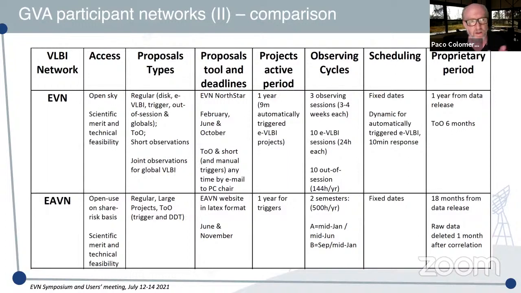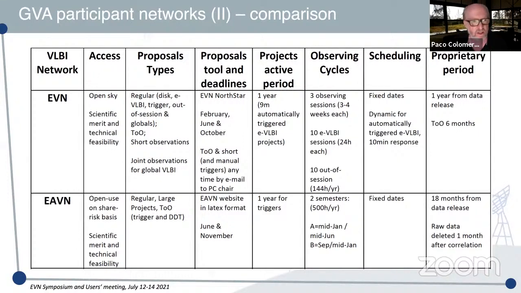Ways of access to the networks, proposal types, proposal tools that are being developed and often reinventing the wheel, active project periods, therefore proprietary periods, observing cycles. Some networks observe 24/7, continuously, some others only a few days or a few weeks per year, scheduling issues, etc.